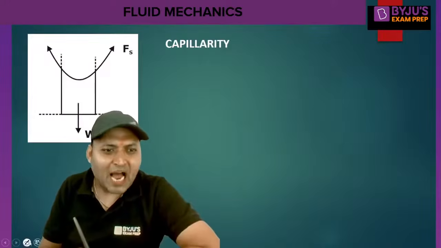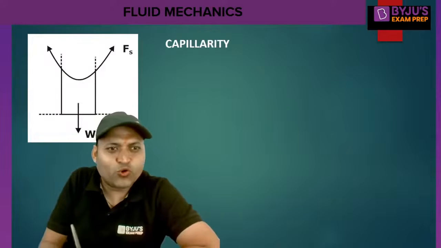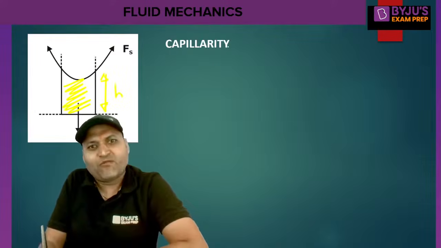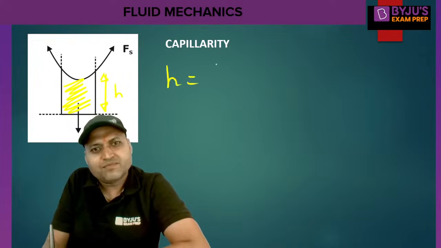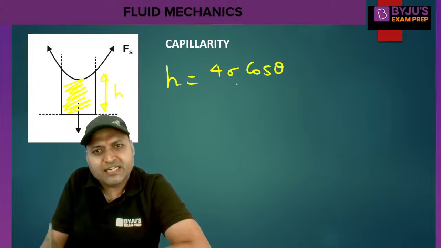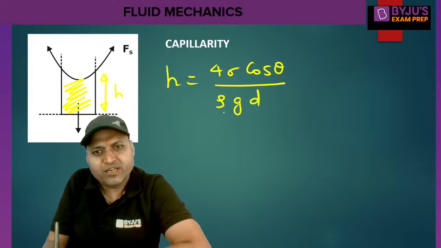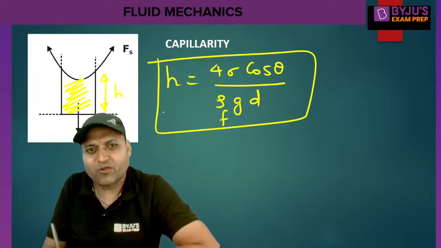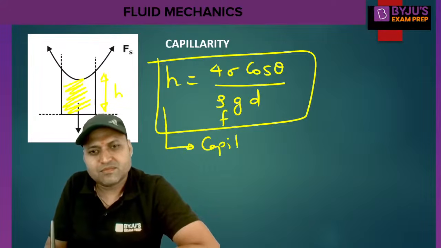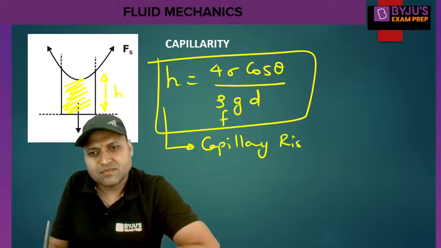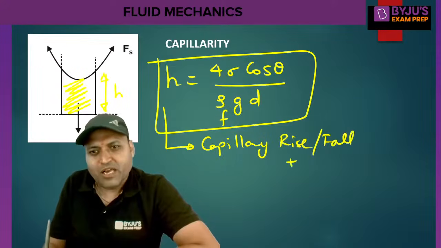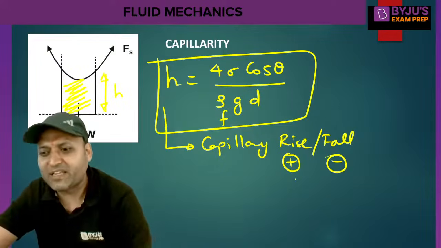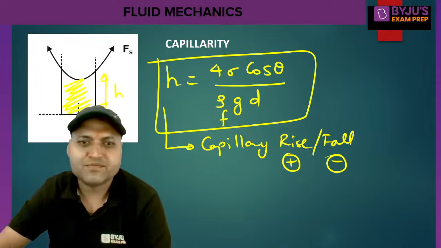To calculate the height to which the fluid will rise or fall, that is H, what is the formula for H, capillary rise or capillary fall? H is 4 sigma cos theta upon rho into G into D, rho of the fluid. If we get H positive, it will give capillary rise. For negative value of H, it will give capillary fall.